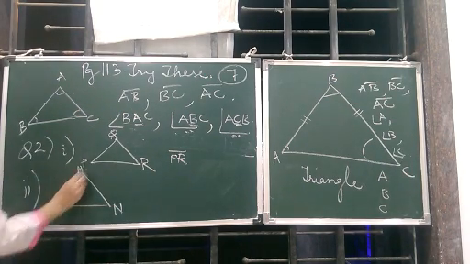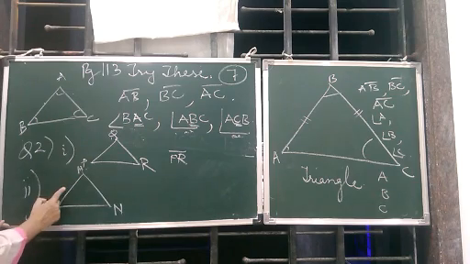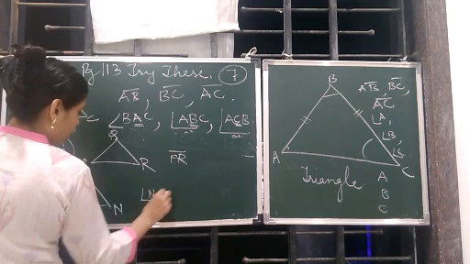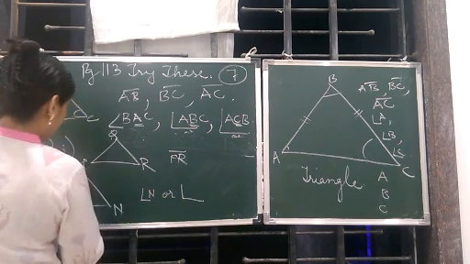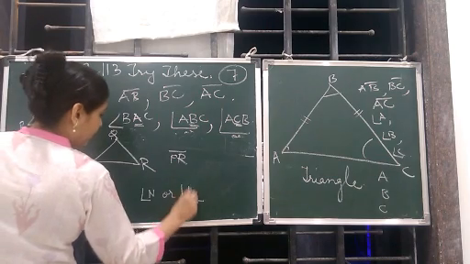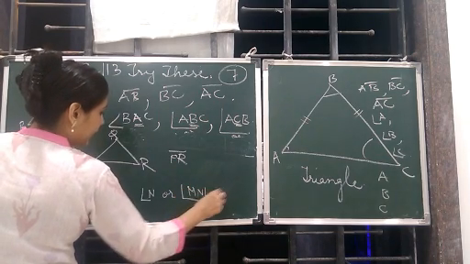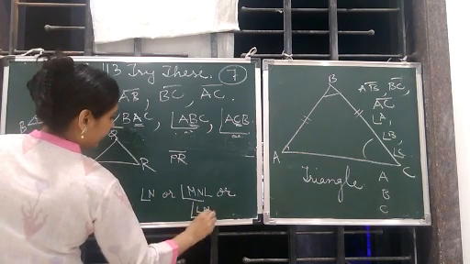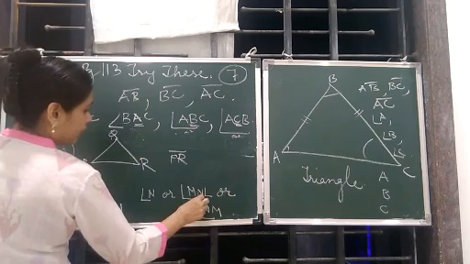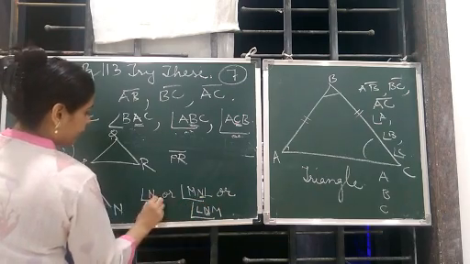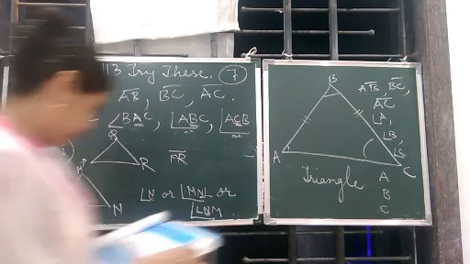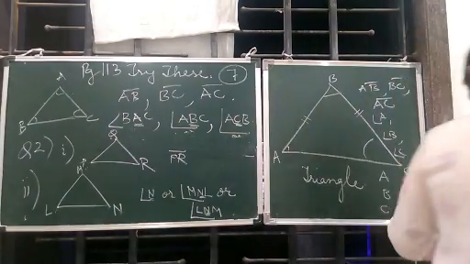This is the side LM. Which angle is opposite to it? Angle N. So you can write angle N, or you can write angle M and L, or angle L and M. Remember, the vertex should be in the middle. This completes the second one. Now there is the third one.